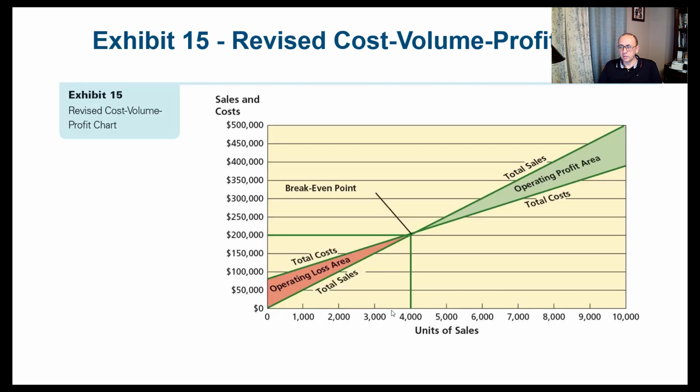So if you look here, we notice that it went down from 5,000 to 4,000 units, and the break-even point went down from $250,000 to $200,000. Again, that's another good visualization for them of any kind of changes in the fixed cost, and how things would be impacted when we change one of our important variables.